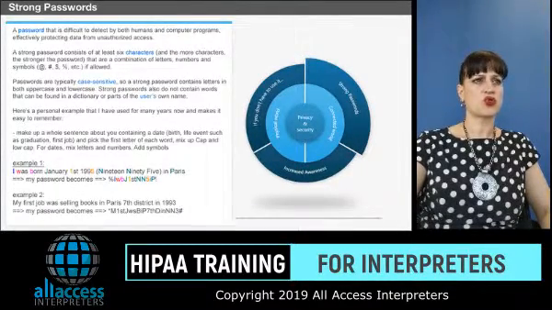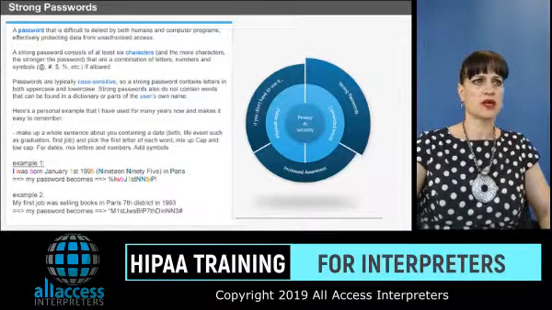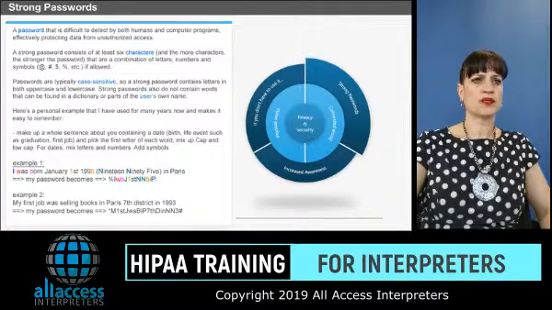When we think about passwords, we want passwords that are difficult to detect by both humans and computer programs. Strong passwords should be at least 6 characters. You can do a combination of capitals or lowercase, add some symbols and some letters.